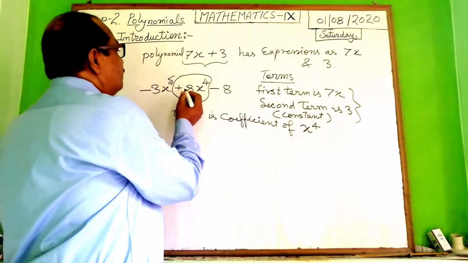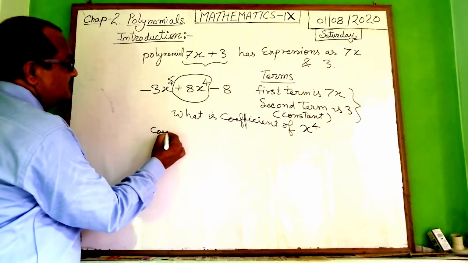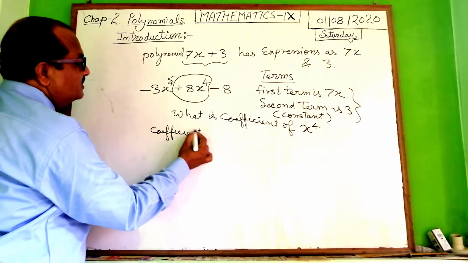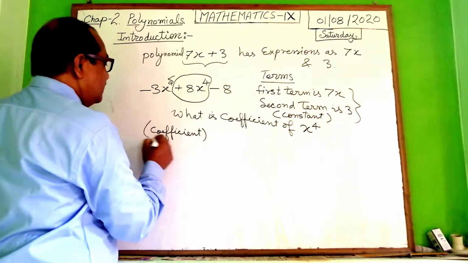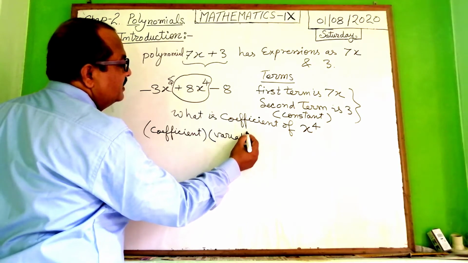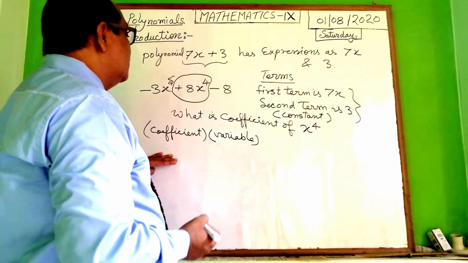A coefficient is multiplied by a variable, two things together.